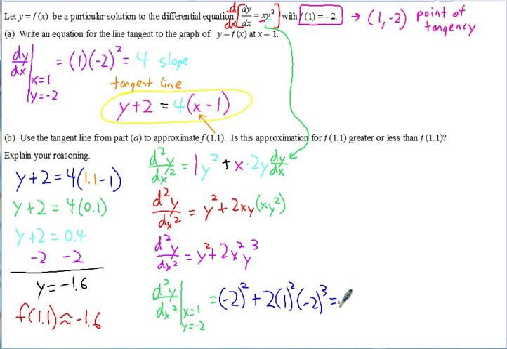So negative 2 squared gives you 4. Negative 2 cubed is negative 8, times 1 times 2 gives you negative 16. So we get negative 12.